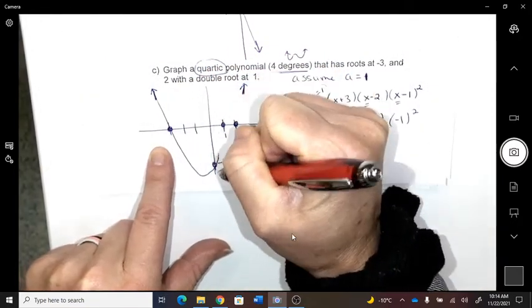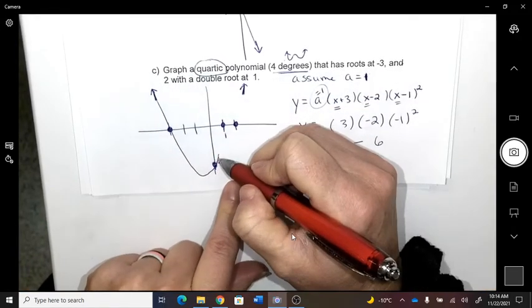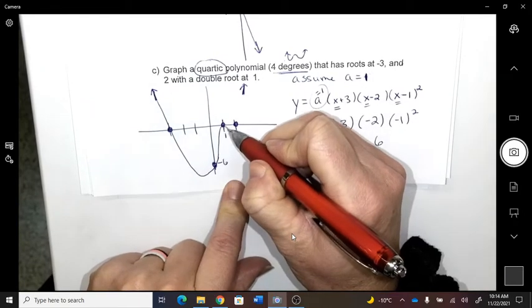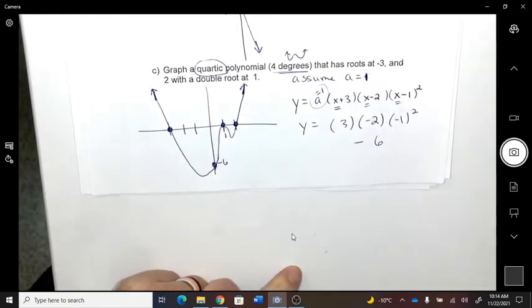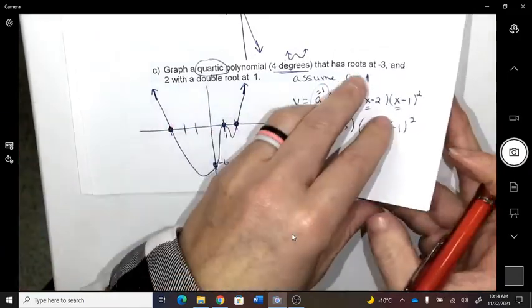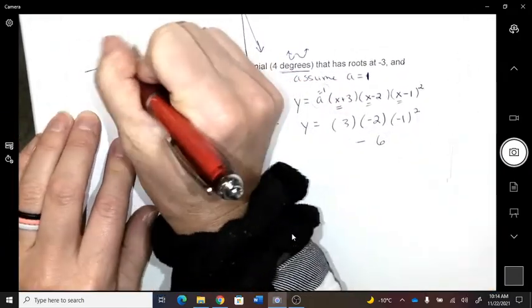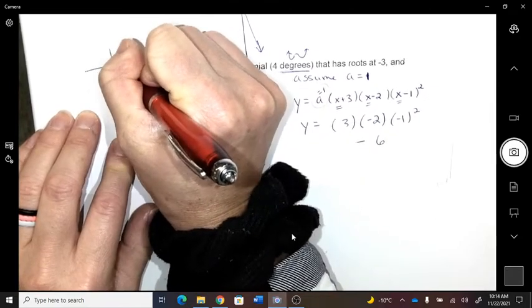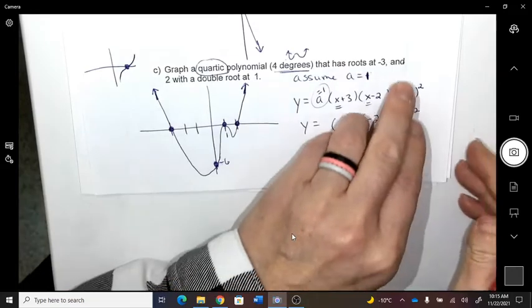Y-intercept. Okay, I'm coming to 1. What do you want to do at 1? Bounce. And then back up through. Okay. I guess I didn't have any triple roots, but everybody knows how to flatten a triple root. That's a triple root, right?